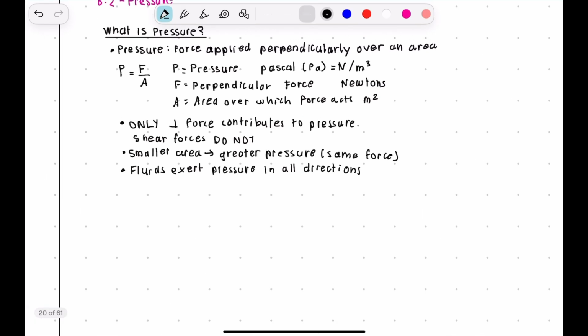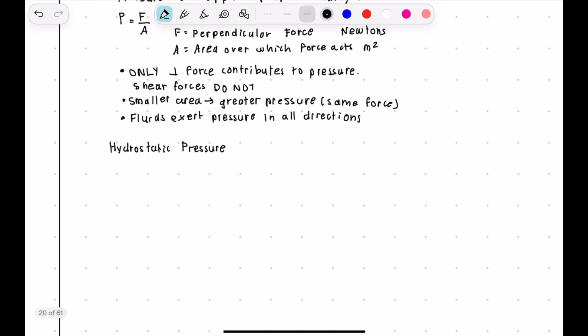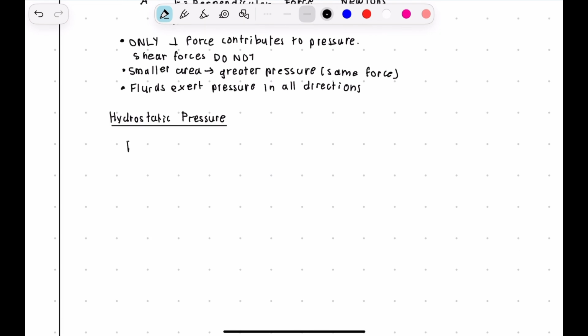Now let's continue with hydrostatic pressure. So you need to know this formula. P is equal to P0 plus ρgh. Basically, in this formula, P stands for pressure.